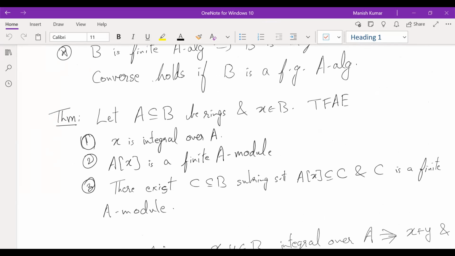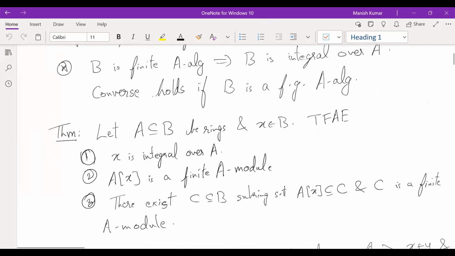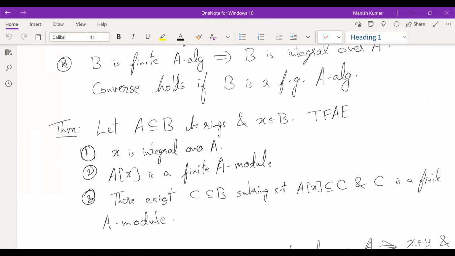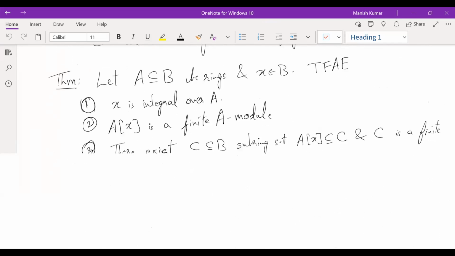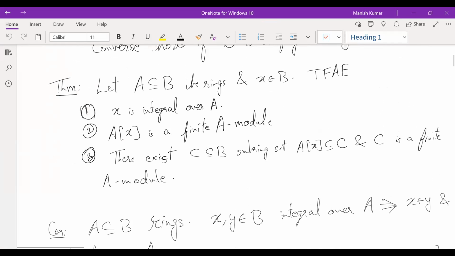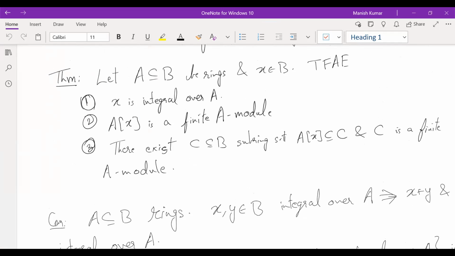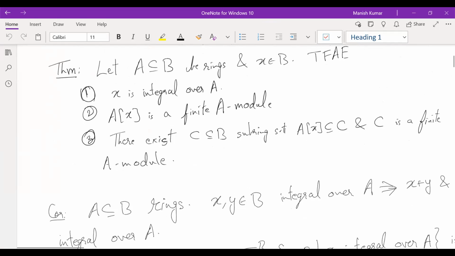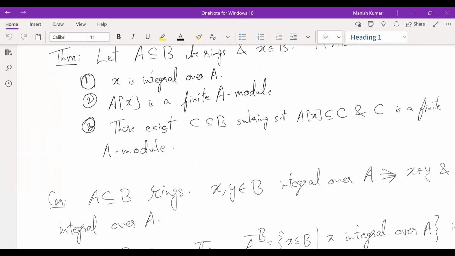And as one consequence, we already saw that if B is a finite A-algebra, then B is integral over A. Second is, the set of elements of B which are integral over A actually form a ring.